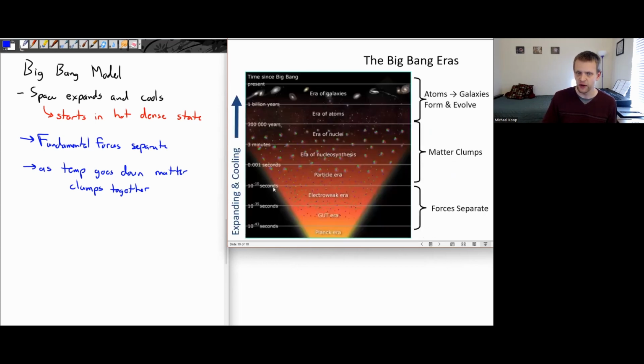Again, going from this whole idea of expanding and cooling, starting out where the forces are separating, then matter starts clumping together. Then once we have stable atoms, eventually gravity is going to take those materials, any of those overdense regions, and start forming the first galaxies and the first generations of stars out of that, and they form and evolve through that star-gas-star cycle.